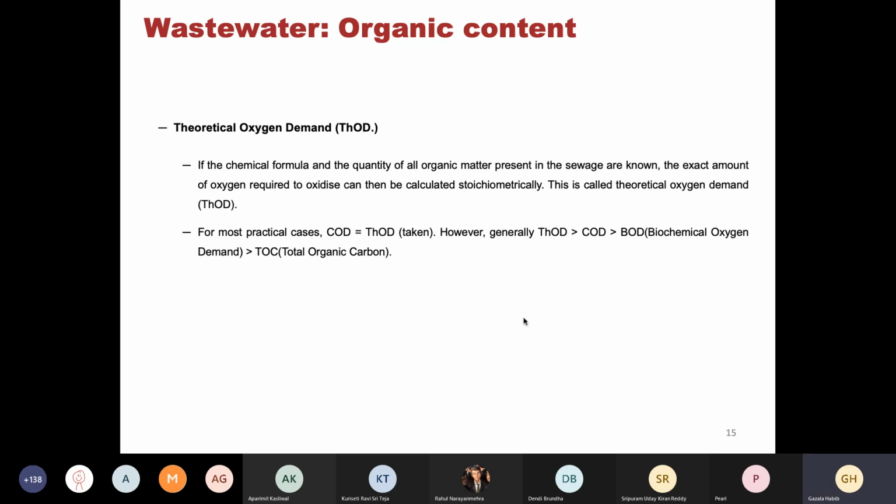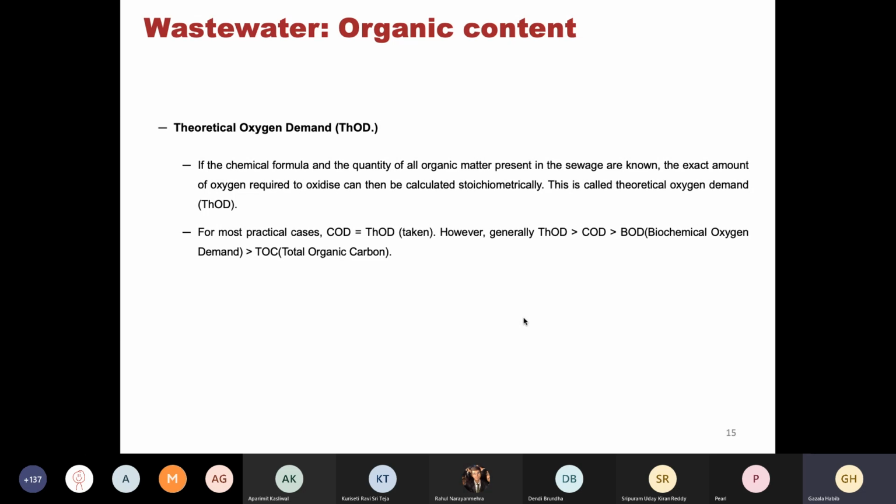Okay, so theoretical oxygen demand, as I told you, is not basically for wastewater. Theoretical oxygen demand can be determined only if we know the composition of organic matter in the wastewater. So it's a kind of stoichiometric oxygen demand of the sample.